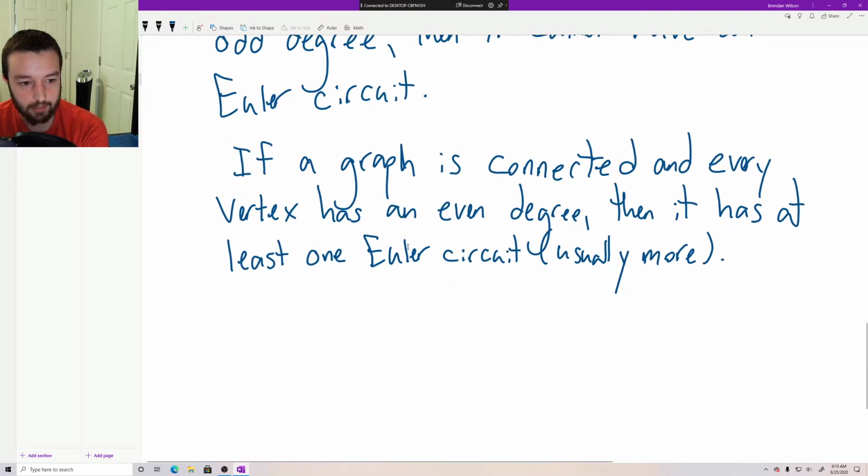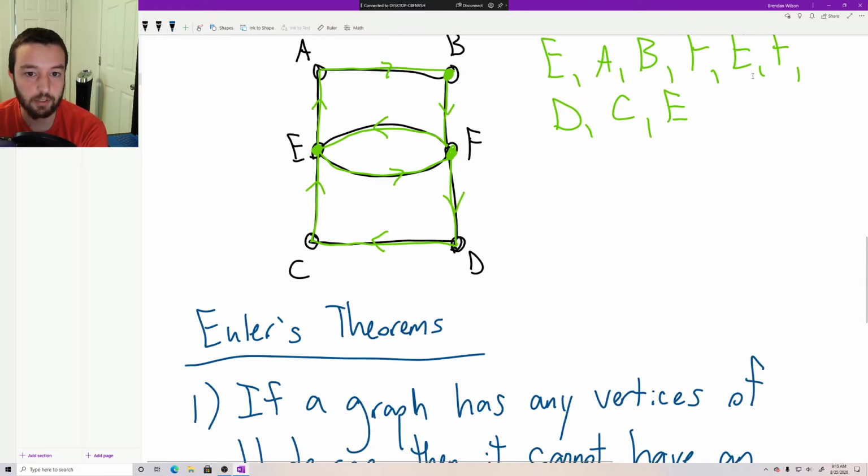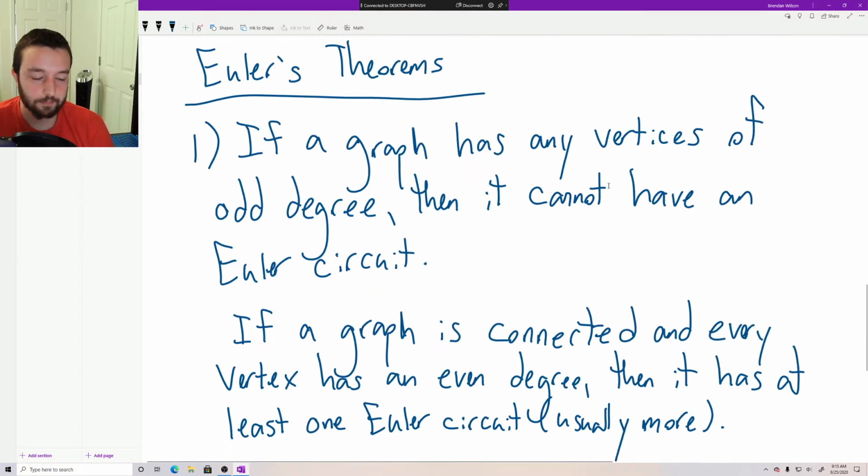So when it says usually more, it means there will usually be more that are completely different. Maybe it's in a completely different order, like B doesn't follow A. Or that's probably a bad example because it kind of has to. But just changing the order isn't what it's talking about. You can always just change the order. It's just that that's counted as the same circuit.